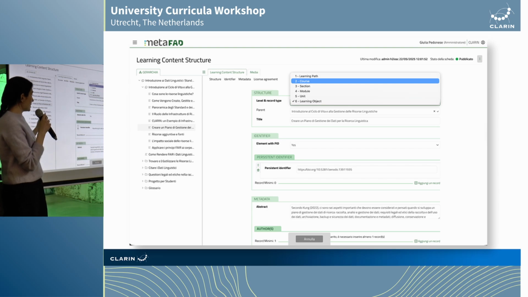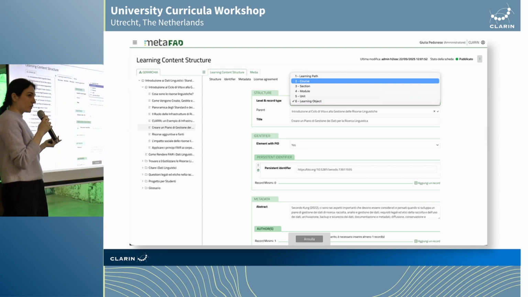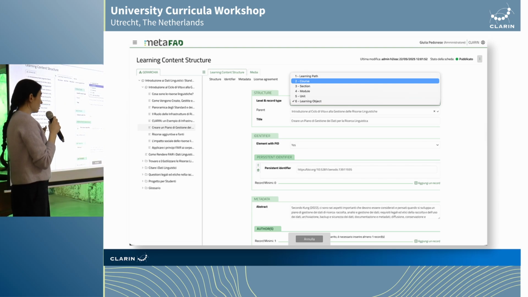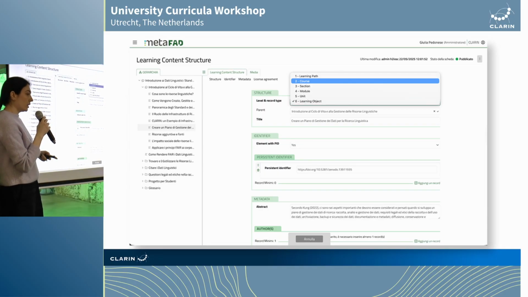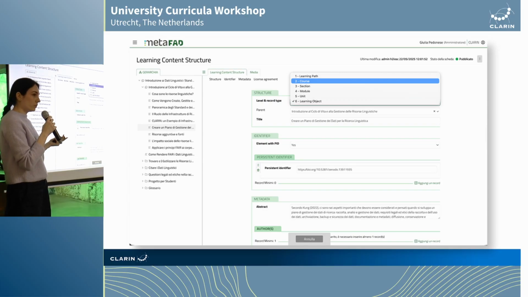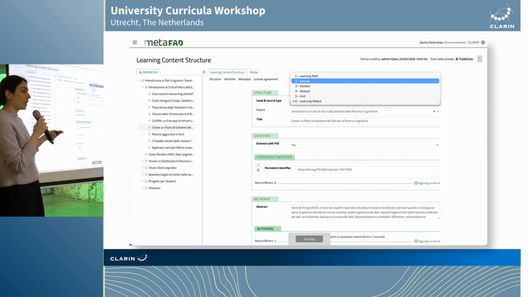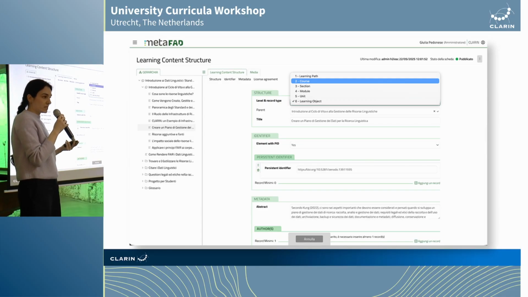But this is the H2IOSC learning training library, sorry. So this is the interface in which, if you want to deposit your own training materials, you will have to describe your product according to the RDA metadata schema that we've seen before.